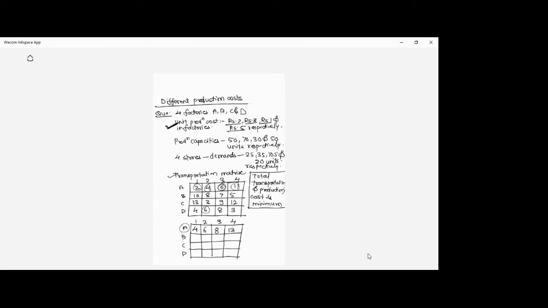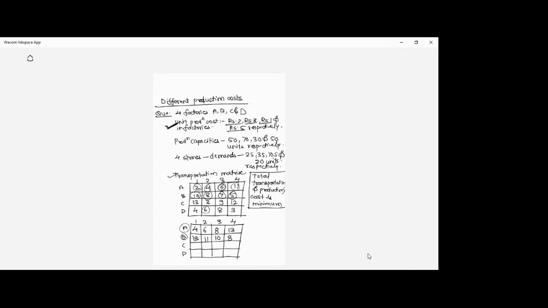For factory B, the unit production cost is rupees 3, so 10 plus 3 is 13, 8 plus 3 is 11, 7 plus 3 is 10, and 5 plus 3 is 8.